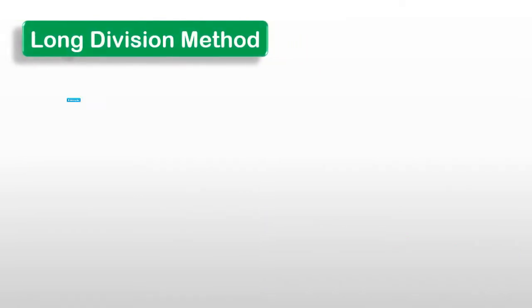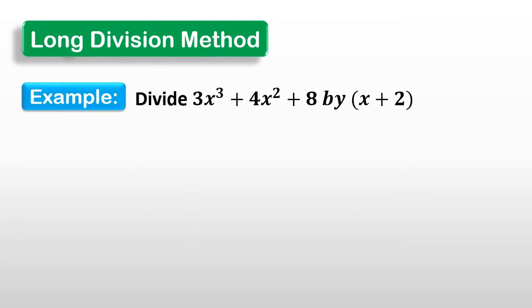Another example. Divide 3x cubed plus 4x squared plus 8 by x plus 2. So, as you can see, sa ating given problem, meron tayong missing term. So, kung magbe-base tayo sa exponent, ang nawawala nating term ay si x.